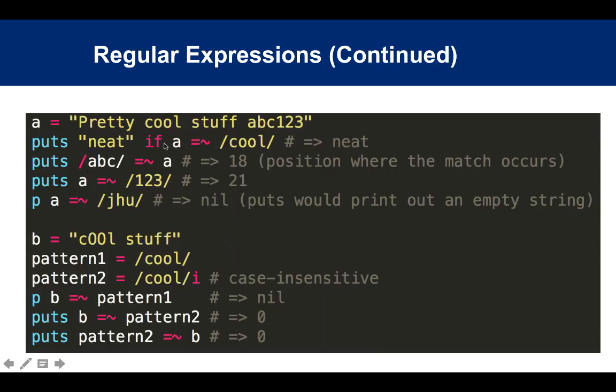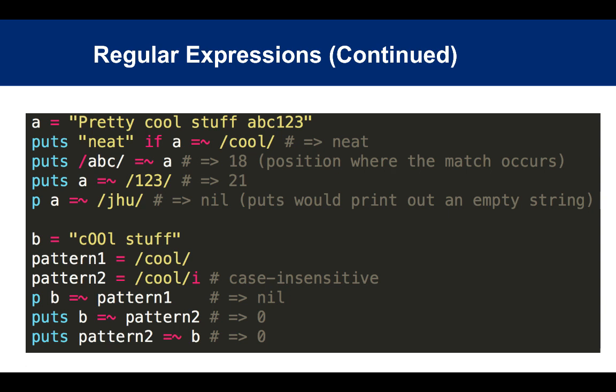So for example, you have a string, pretty cool stuff, ABC123, and you could see if that string matches a regular expression pattern called cool. So this is just a very generic regular expression, COOL, nothing fancy here. And you could also say ABC regular expression, does that match the string? So it's ambidextrous.